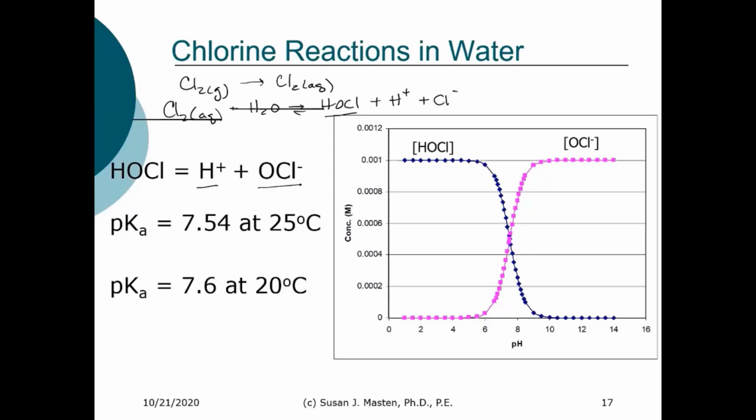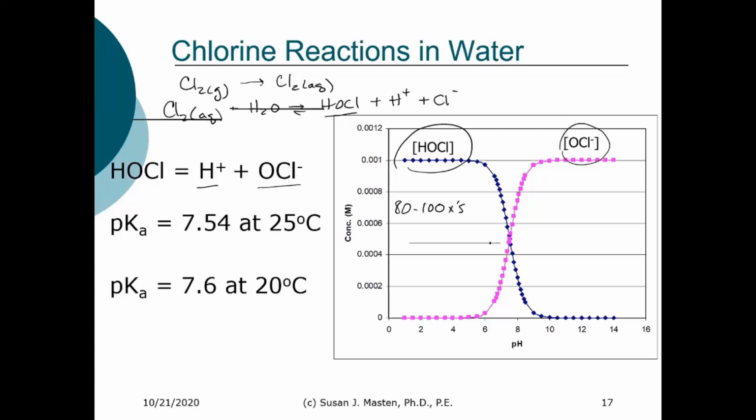And this is a speciation diagram showing the concentration of hypochlorous acid and hypochlorite. And we said that hypochlorous acid is about 80 to 100 times more effective than hypochlorite.